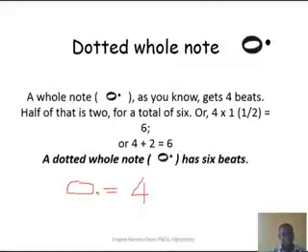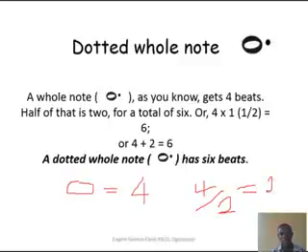When you want to dot this whole note, what you do is divide the value of this particular note, the whole note, into 2. When you do that, you will obtain 2, because 4 divided by 2 is equal to 2.